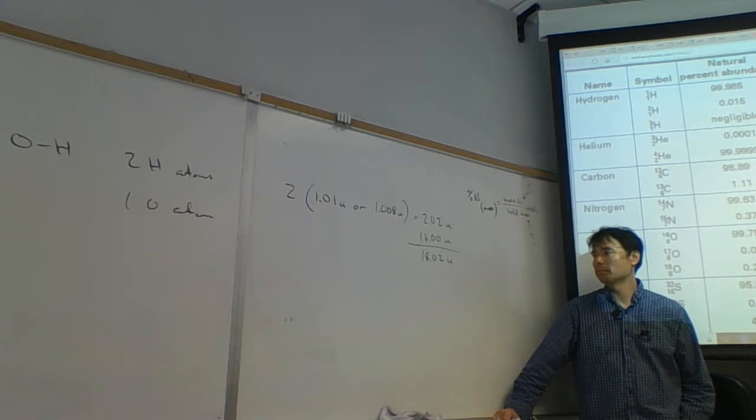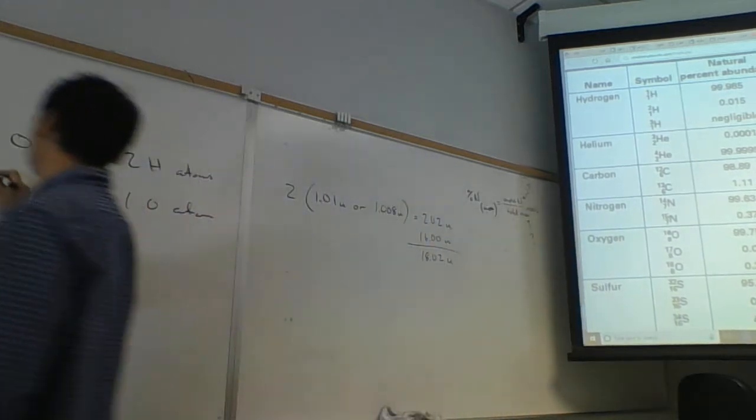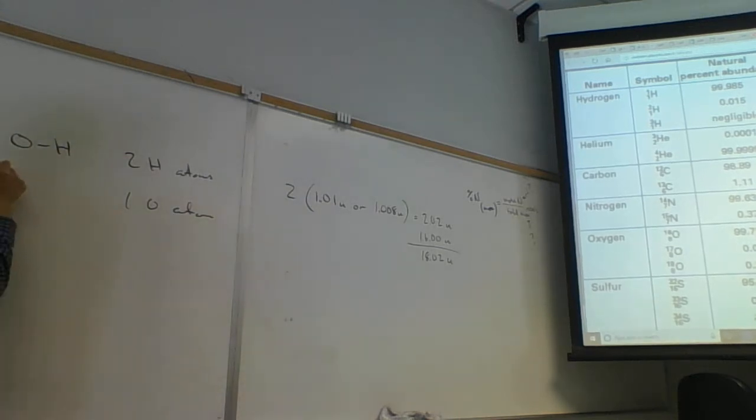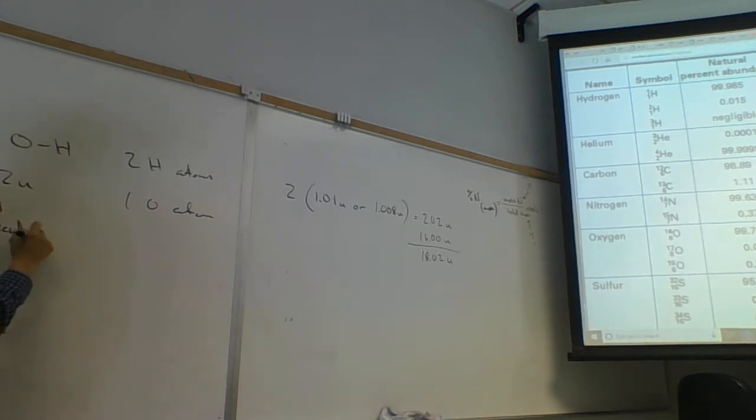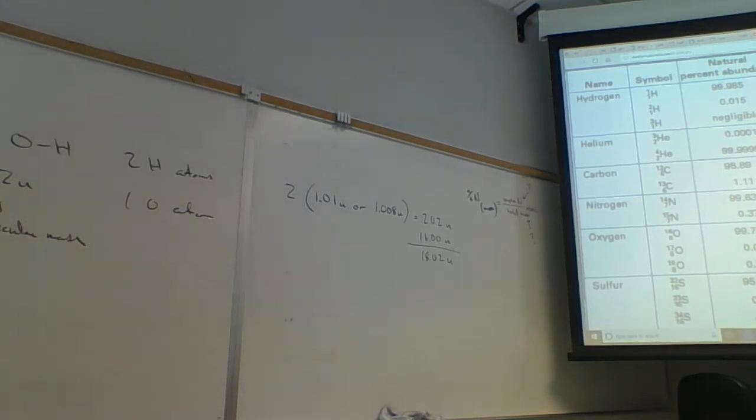So we're good. And so what this means is that the average water molecule weighs 18.02 U. This is the average molecular mass, the molecular mass being the mass of an individual water molecule.